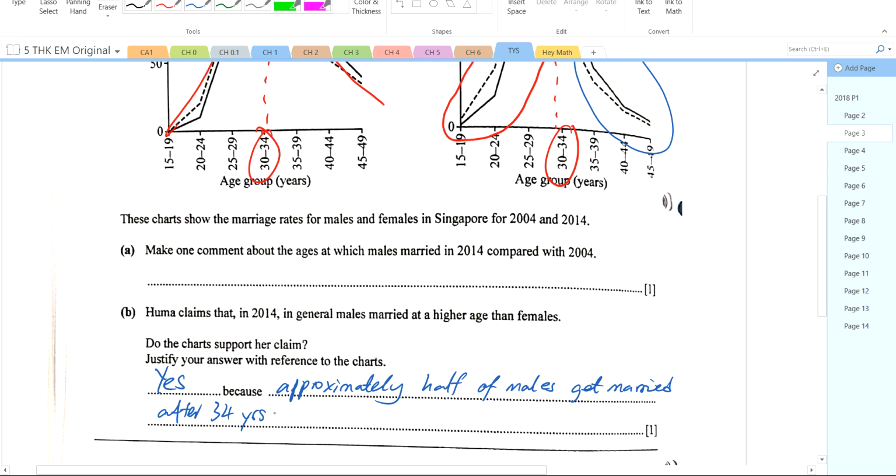After 34 years old, while less than half of females get married after 34 years old. Okay, do you agree with this explanation?